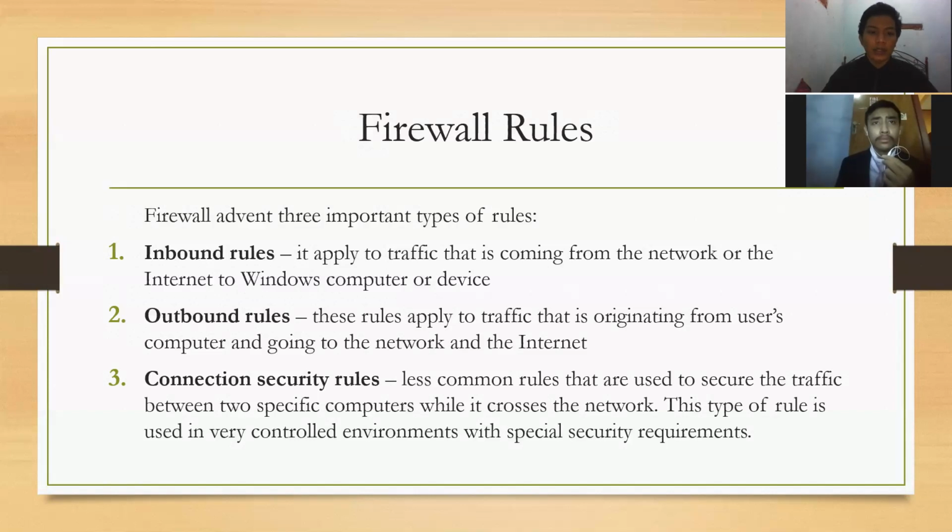Last one is connection security rules. These are less common rules that are used to secure traffic between two specific computers while it crosses the network. This type is used in very controlled environments with special security requirements.